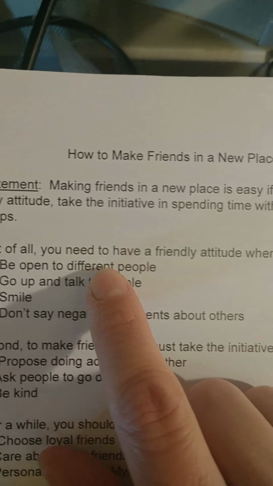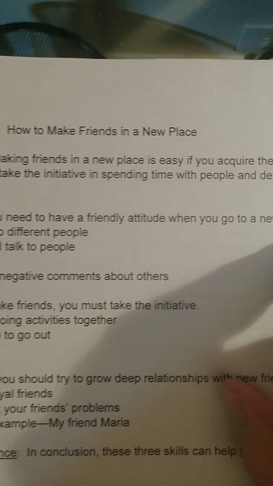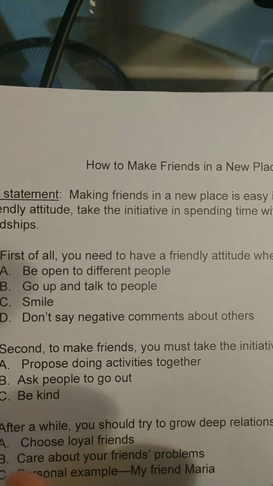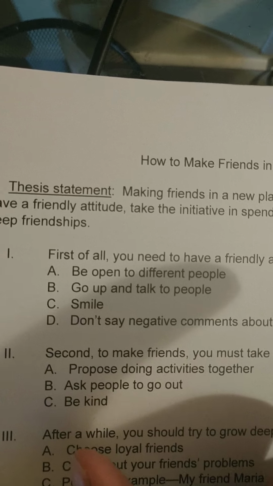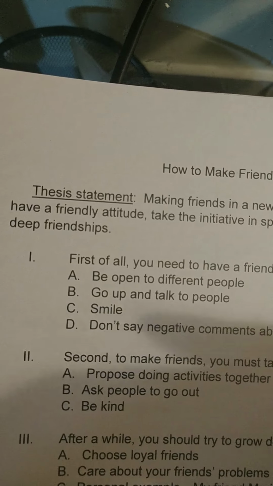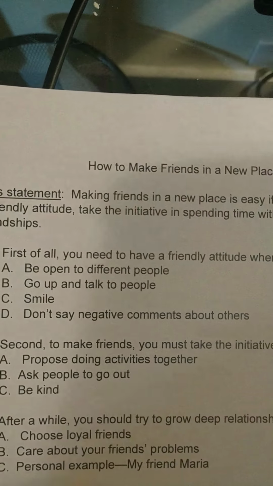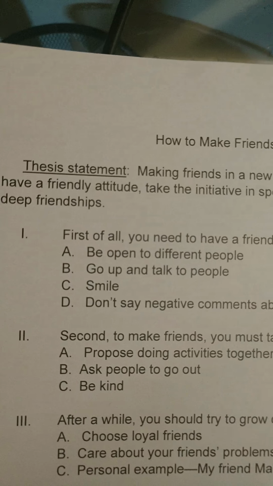So first of all, you need to have a friendly attitude when you go to a new place, okay? So I'm looking for a full topic sentence for the main points, okay? And this is important as well so that you can transfer this topic sentence into your essay, okay?